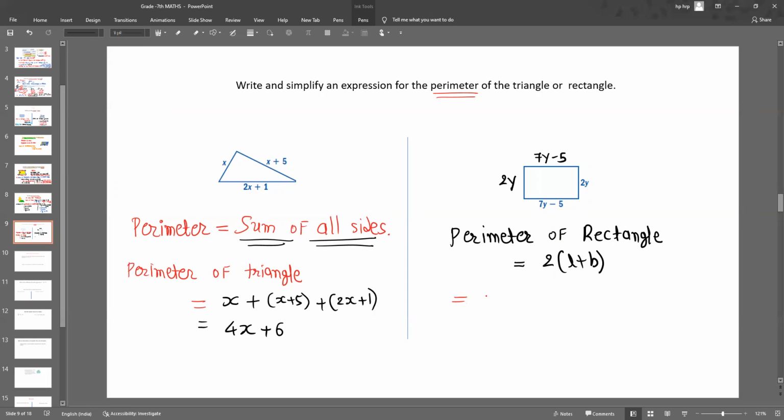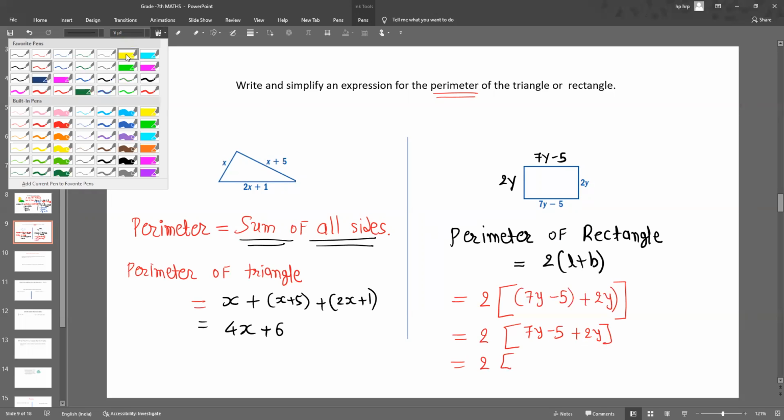So here 2 into L plus B means length 7y minus 5 plus breadth 2y. To simplify, we get 2 into bracket 7y minus 5 plus 2y. 2 as it is, 7y plus 2y.